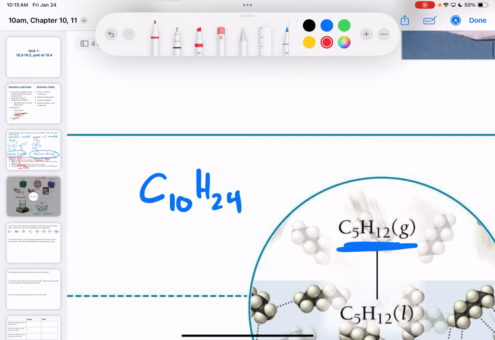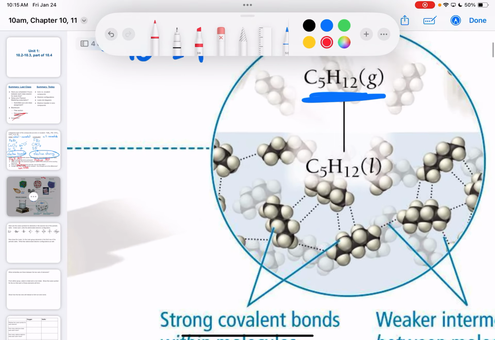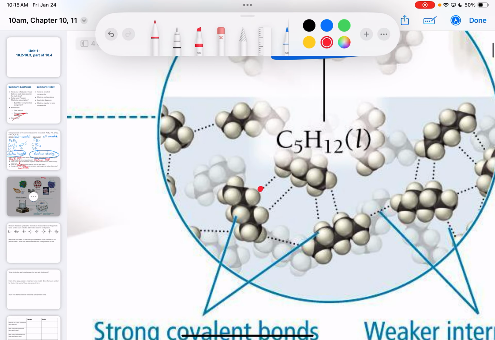So again, the pentane one has prettier representations. These little dots represent what we call intermolecular forces, and we'll do these in chapter 12, I want to say, maybe 13. So relatively soon, we'll talk about the forces that hold together covalently bound molecules. So they form these little entities, and that's where the covalent bonds are.